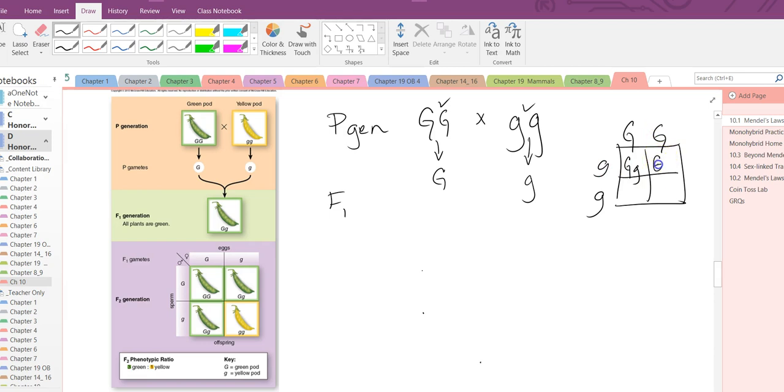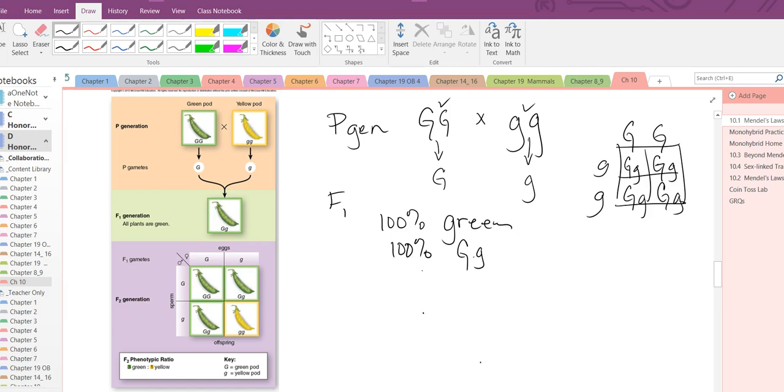If this sperm and this egg unite, you get that. Same here, same here. Interesting. So in the F1 generation, if you want to look at what they all look like, they all 100% looked green. And it's because when you look at their letter combination, every single one of them had a dominant and recessive, but the dominant one shows.